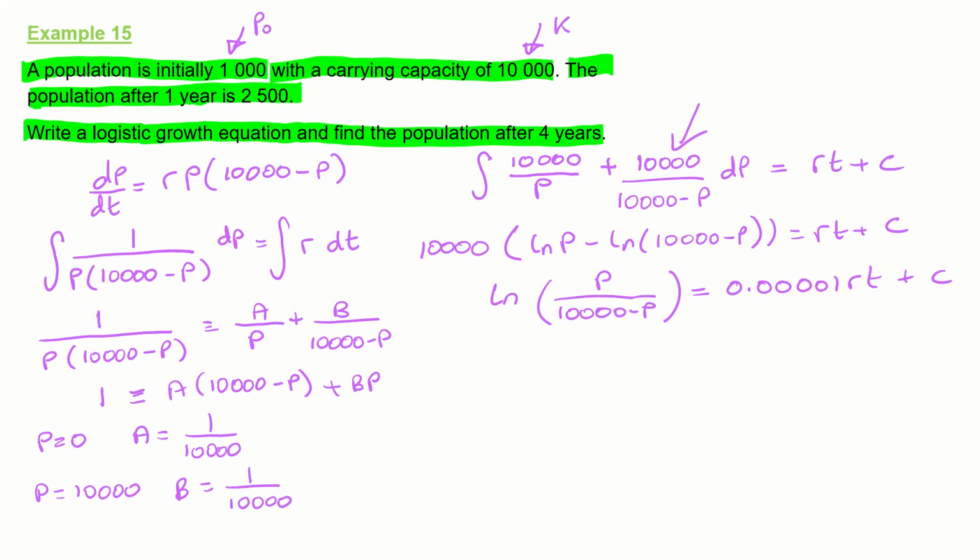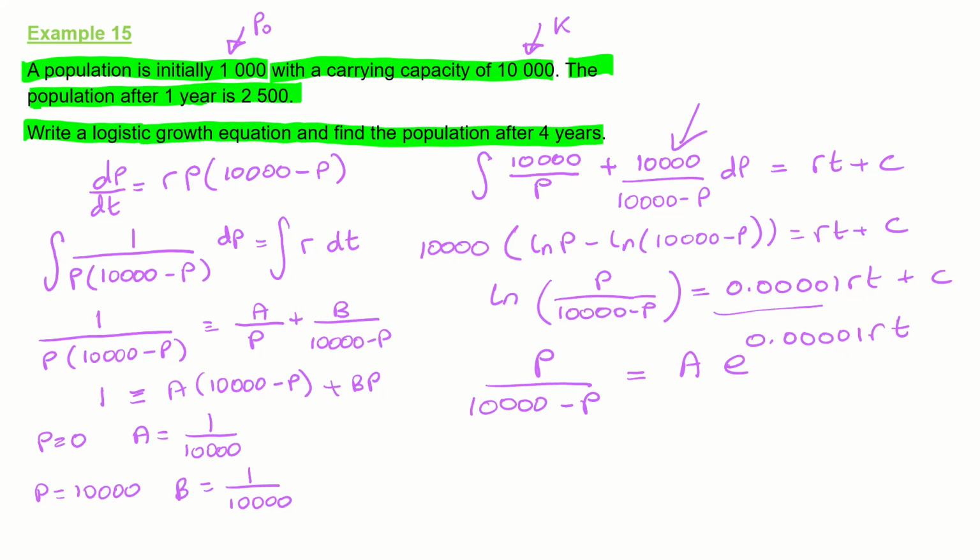Taking the exponential of both sides gives us P over (10,000 minus P) is equal to A e to the 0.00001 rt.